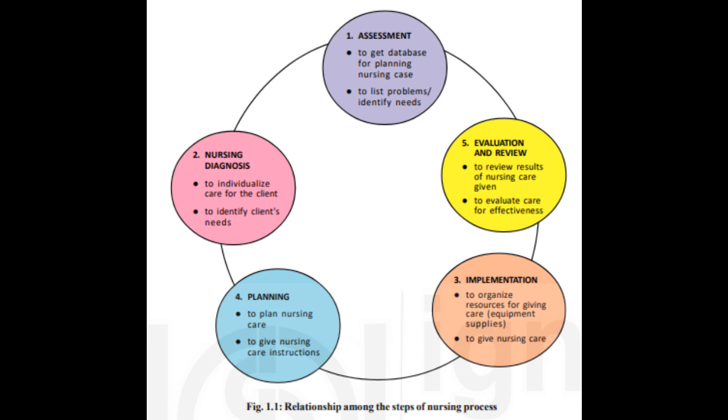The phase of evaluation involves evaluating goal achievement, but you must also look at the entire plan to decide what factors are contributing to its success or failure. 1. Assessment. To get database for planning nursing care. To list problems, identify needs. 2.